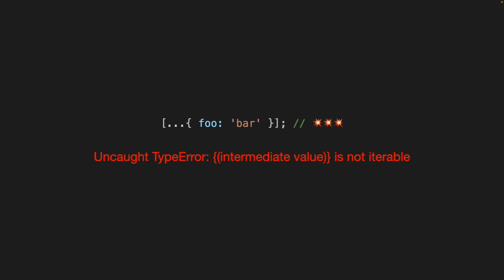But Max, you will say, I can spread objects. Yes, but that's something different. In that case, spreading objects uses enumeration. But in this case, JavaScript is trying to iterate over the object, because we are not spreading it into another object. Base objects do not have an iterator baked in, so you cannot, by default, iterate over objects. But we will come back to this.